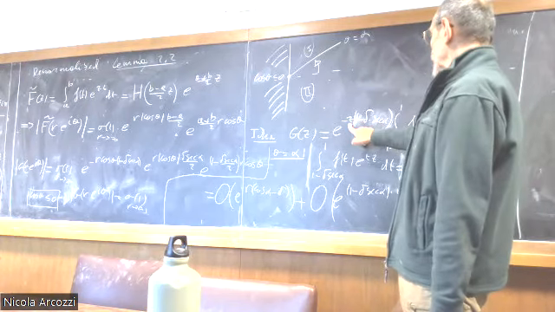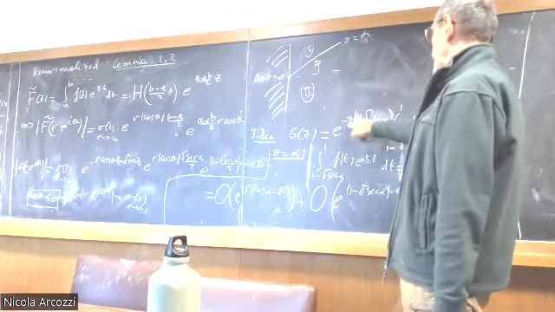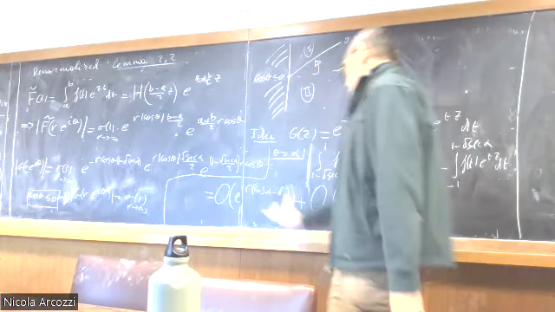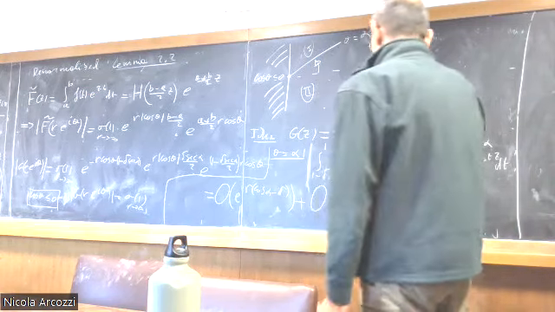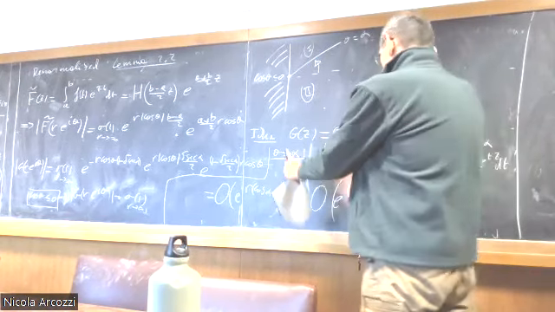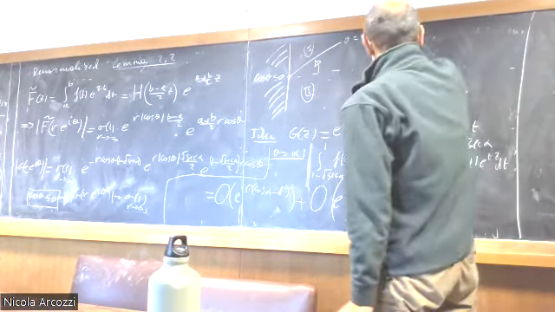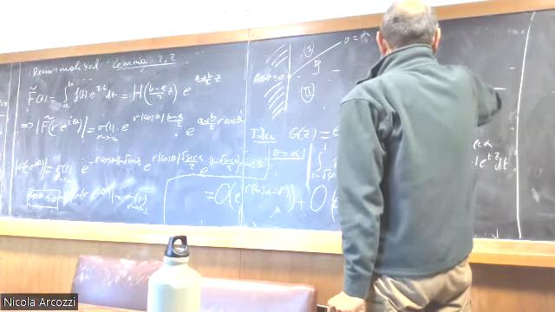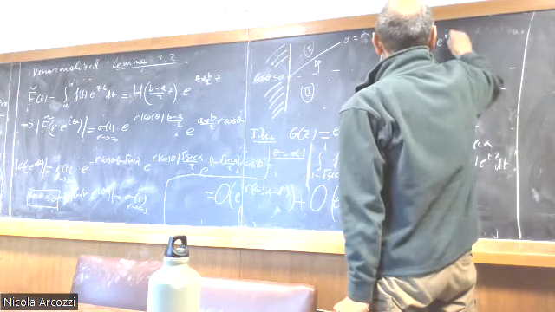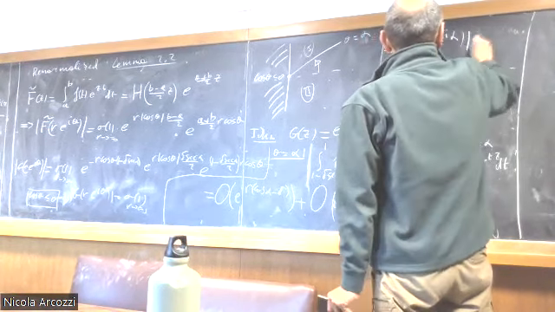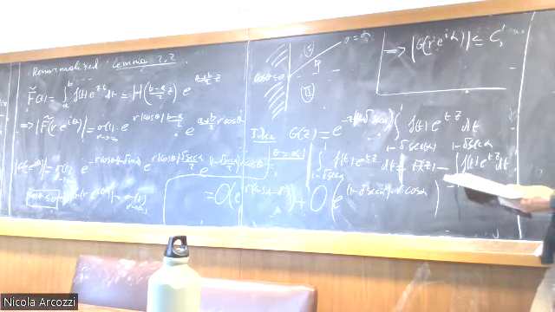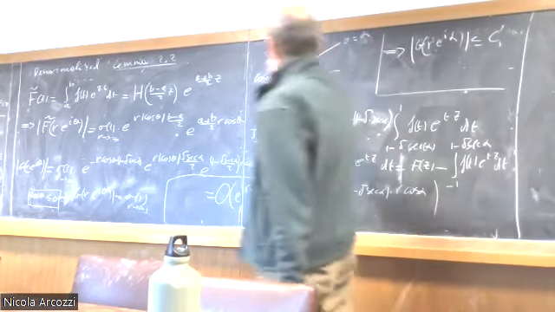Because this is r cosine of alpha minus r cosine of alpha times 1 minus delta secant of alpha. This is exactly the opposite. So this estimate here plugged into G implies that G of r e to the i alpha is bounded. So this goes to 0.